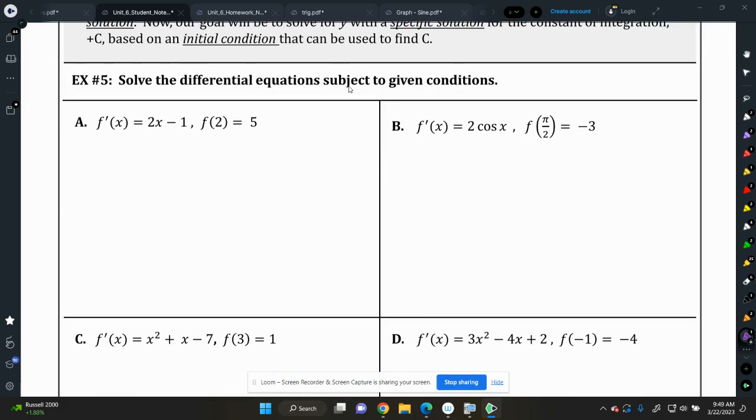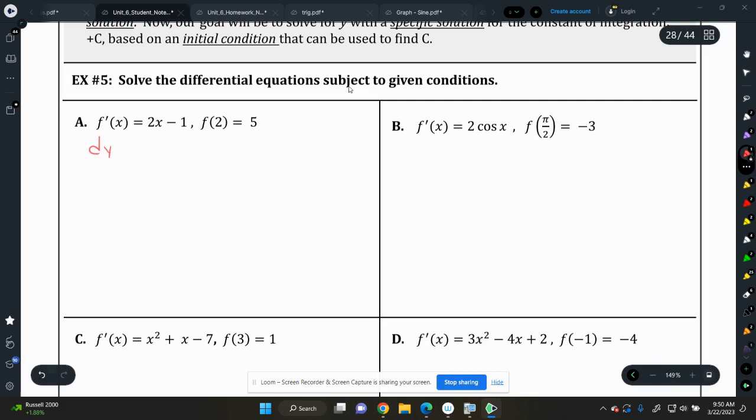All right. So the equation is f prime of x equals 2x minus 1. So when we talk about solving it, what we're actually doing, okay, I'm going to rewrite this as dy dx instead of f prime of x, equals 2x minus 1.